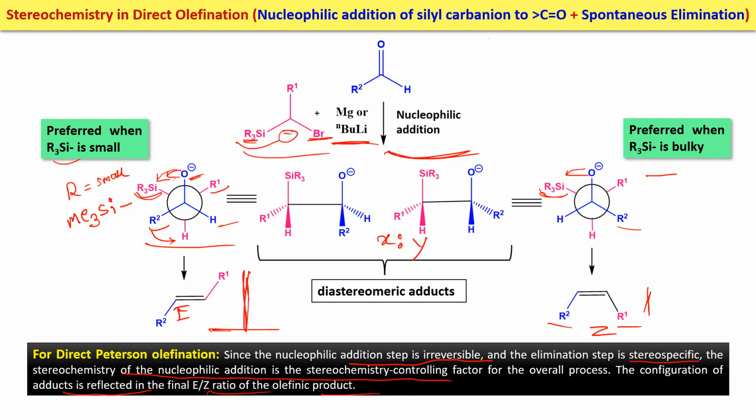So if we can somehow control this diastereomeric adduct, suppose we can make it 8:1 or 9:1, then we can get one of them as major. It will be either 9:1 or 1:9, and then it will be useful. So this is another way to represent it, where everything is happening. There is a direct Peterson, not interrupted Peterson, and this is also one pot.